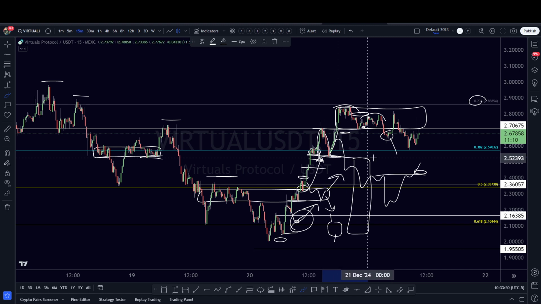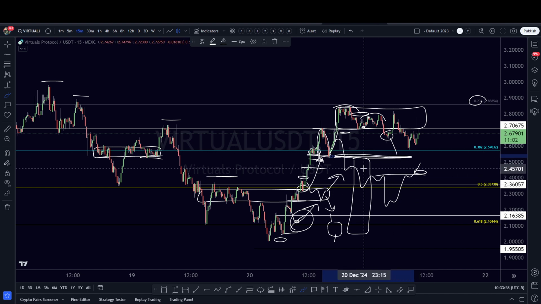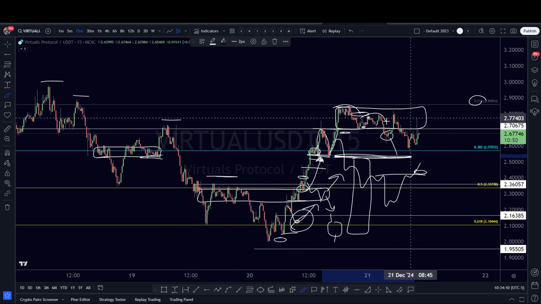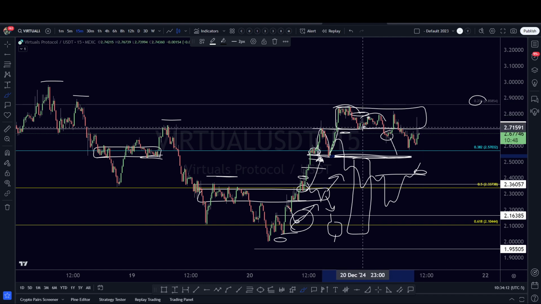This is the level that is key for me. It needs to find support here. If it does not find support here, then more than likely we're going to come and take this liquidity. If it bounces here, well, then now it needs to break this level, which is a pretty strong level, before I can consider entering, knowing that I'm entering into a box or a zone.